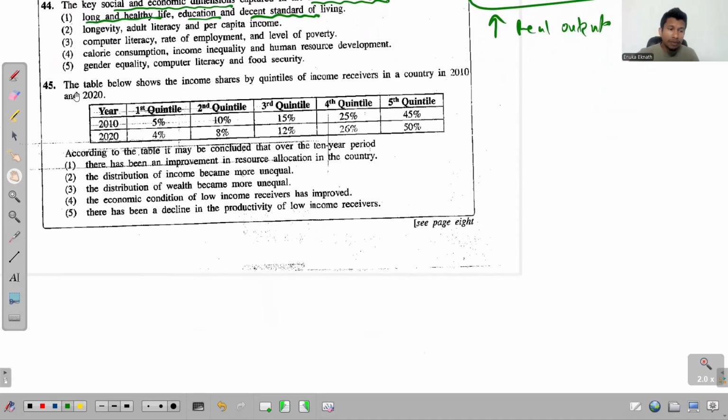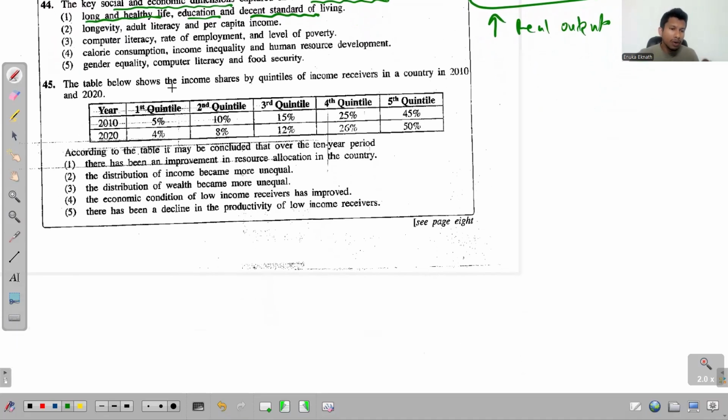Right, let's move to this question 45. It says the table below shows the income shares by quintiles of income receivers in a country in 2010 and 2020. So you get the income share of each quintile in year 2010 and year 2020. And what can you recognize by looking at this?